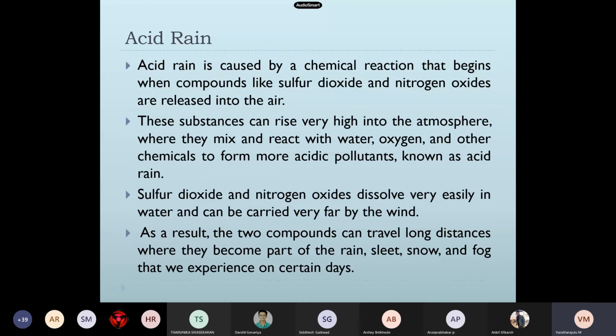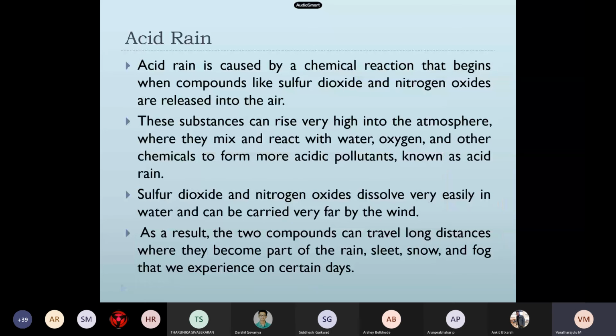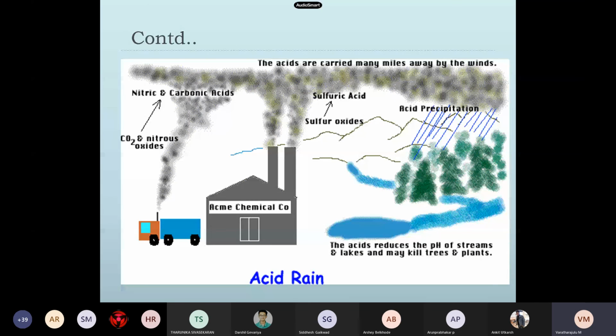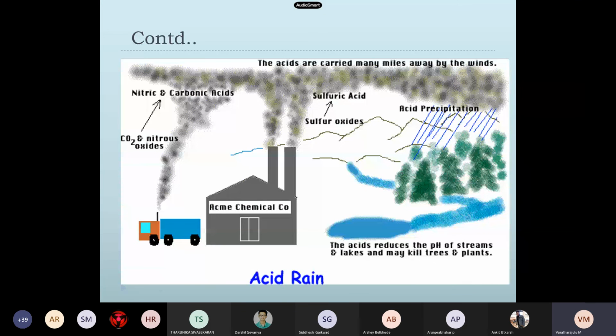As detailed in the above lecture, the chemical reaction of sulfur dioxide and nitrogen oxide, which easily travel in the air, causes acid rain, as shown in the given picture. We'll discuss the effects of acid rain in the subsequent class.